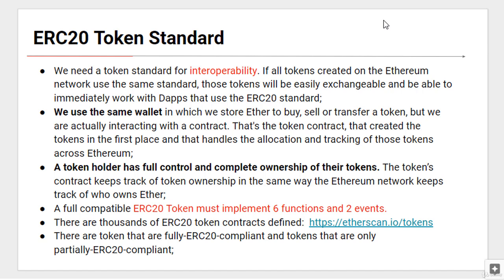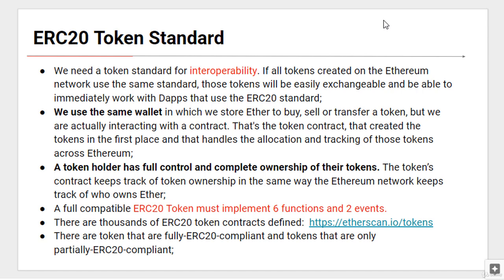We use the same wallet in which we store Ether to buy, sell, or transfer tokens, but we are actually interacting with a contract. That's the token contract that created the tokens in the first place and that handles the allocation and tracking of those tokens across Ethereum. So, when a user transfers a token to another address, at a technical low level, that user calls a function of the token's contract to move the tokens for him.